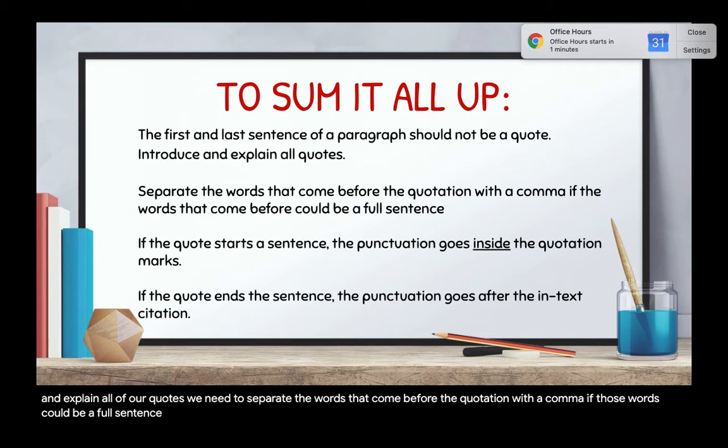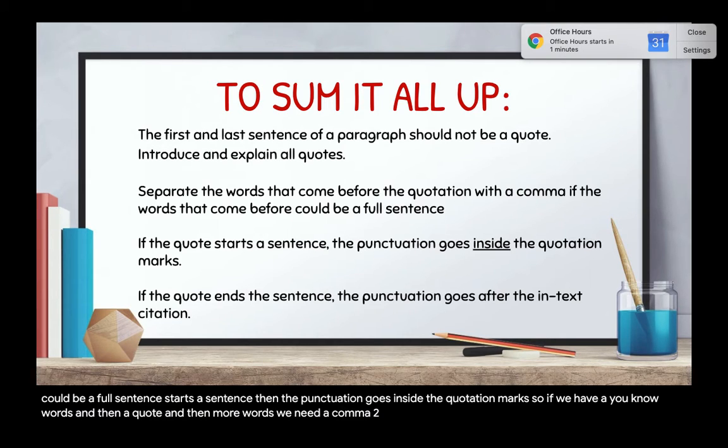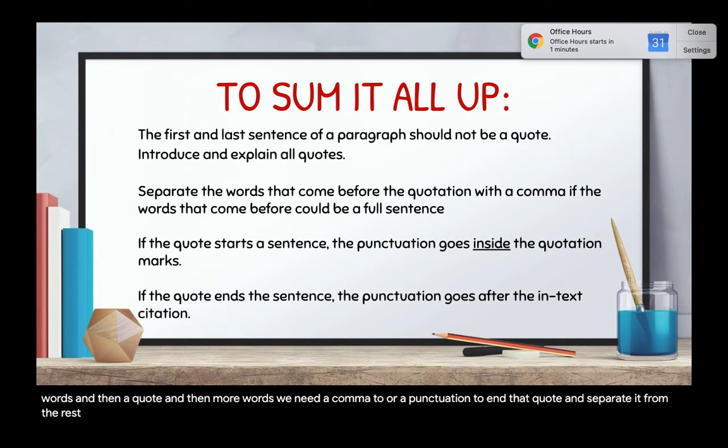If the quote starts a sentence, then the punctuation goes inside the quotation marks. So if we have words and then a quote and then more words, we need a comma or punctuation to end that quote and separate it from the rest of the sentence. And if the quote ends the sentence, the punctuation goes after the in-text citation.